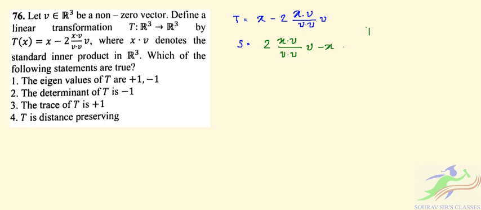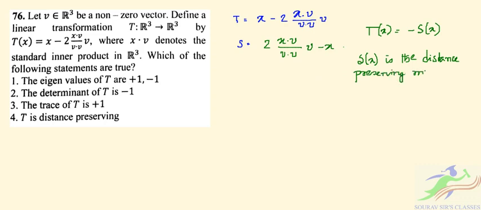So T of x is equal to minus S of x, which is the negative of the reflection, and we know that the reflection S is a distance preserving map. So T is also a distance preserving map. From the options you can see that option 4 is correct. Now let's check the other options.